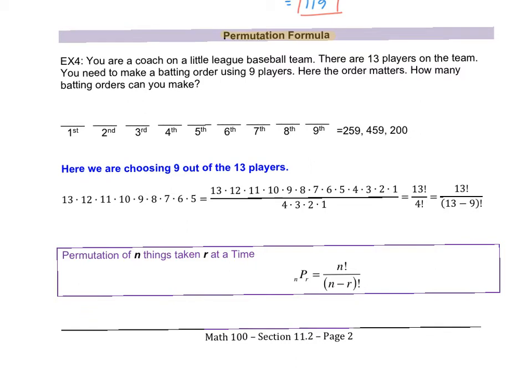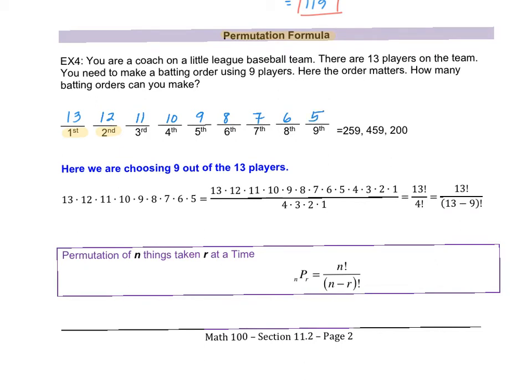So let's look at how many choices I have for the first batter. Since I have 13 players, I have 13 choices. And let's say that I chose my first batter. When I choose my second batter, I now only have 12 choices because I've already chosen one of those players. I can't use them again. And then for the third, it's one less, so it's 11, 10, 9, 8, 7, 6, and 5.